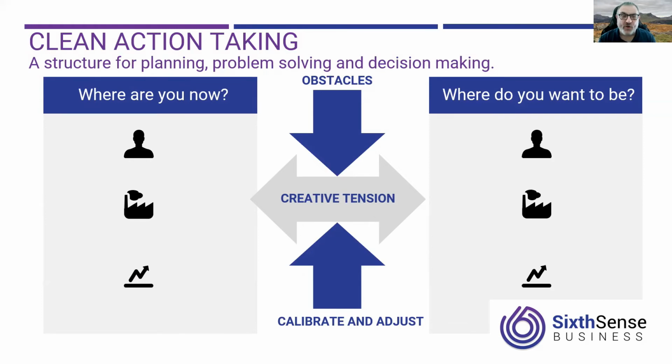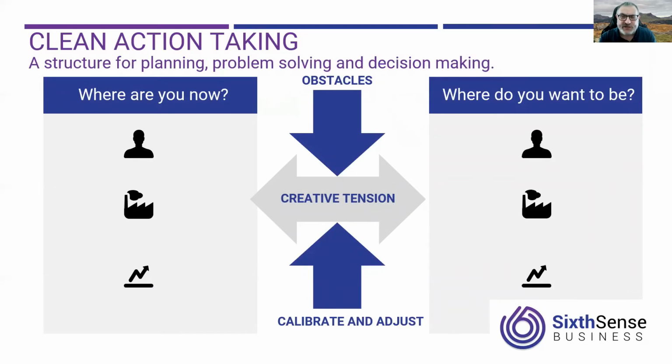Step two is to then go back to where are we now? So what do we have around us right now that is going to either help us move towards that outcome or is going to impede us? And what I found is a good decision emerges in the tension between these 2 points.